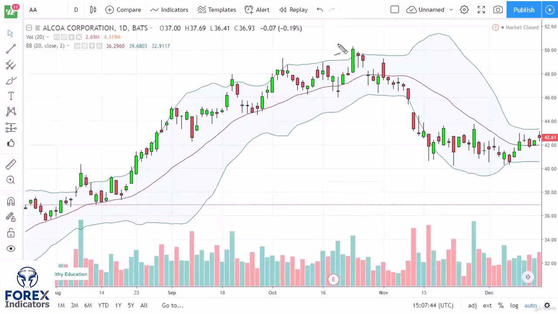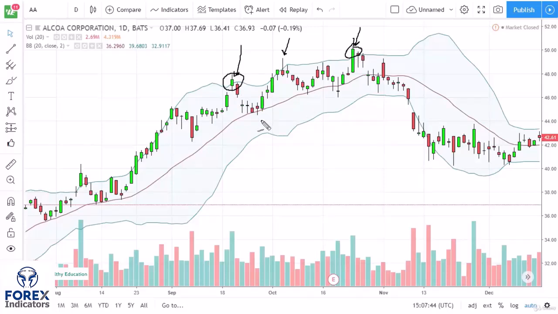So for example, this candlestick and this candlestick and this candlestick all catch my attention. And the reason is that they break out of the standard deviation band. And the one on the far left over here and this one are particularly interesting.